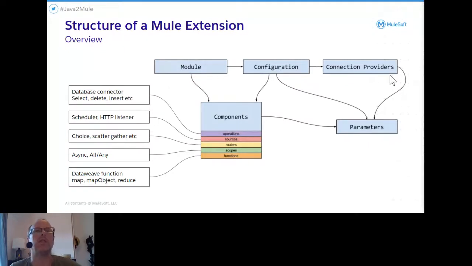So the components are what we actually create. So we create the components that contain the actual logic of the functionality we want to add, whether it's an operation or a source or a router. But we need to provide some configurations for it, potentially configuration providers, and also, of course, parameters, because remember what I said earlier, it's very much like way back in the day when we had Spring.